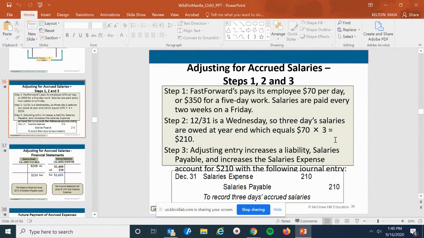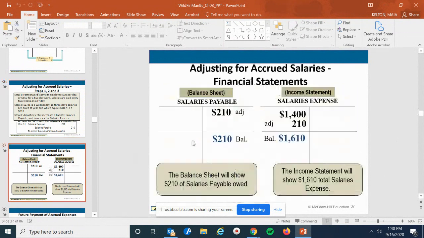All right, so this journal entry, salary expense, salaries payable, will always be the same if we're accruing salaries. We will create a liability, here's the liability, salaries payable, and we will increase the correct amount of expense.